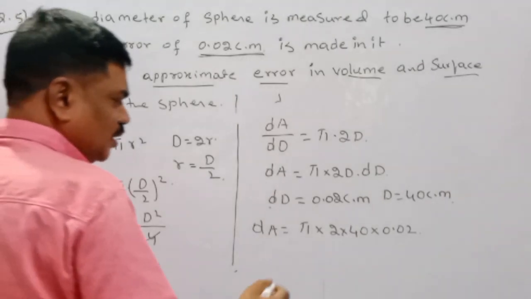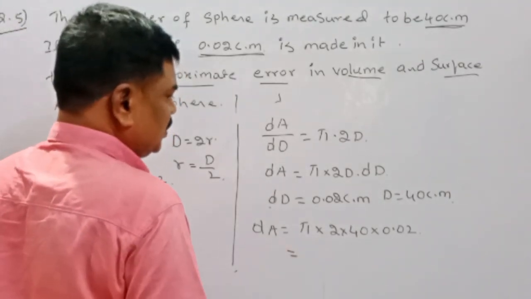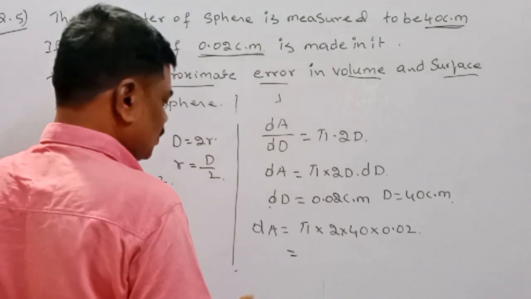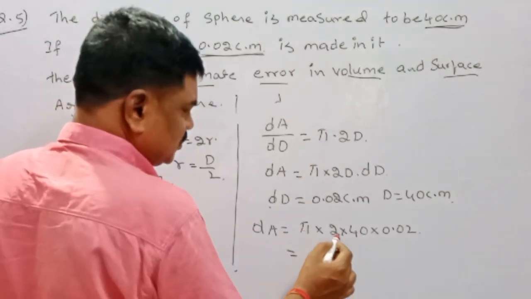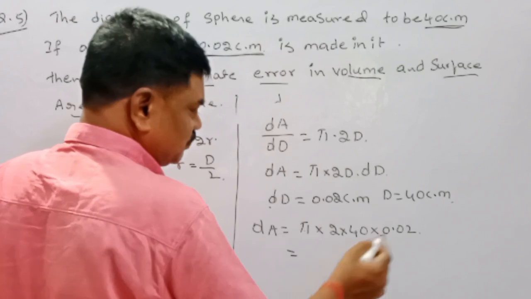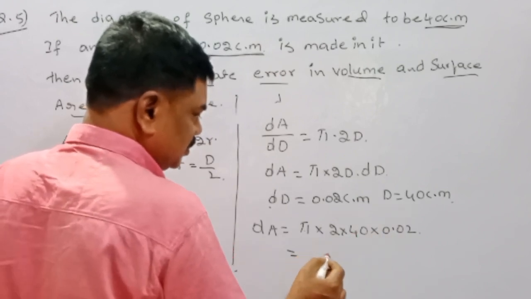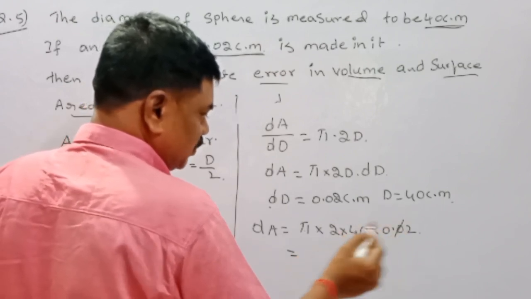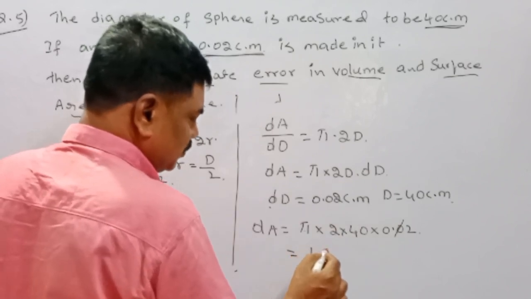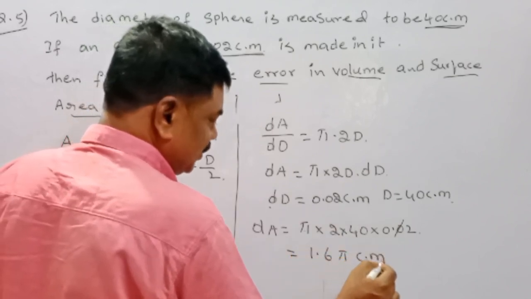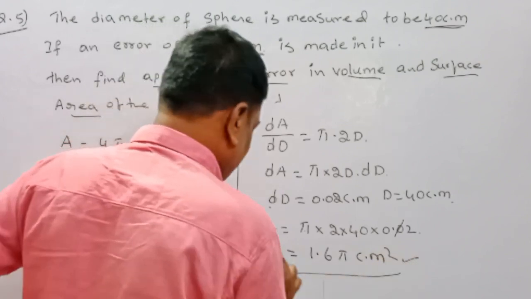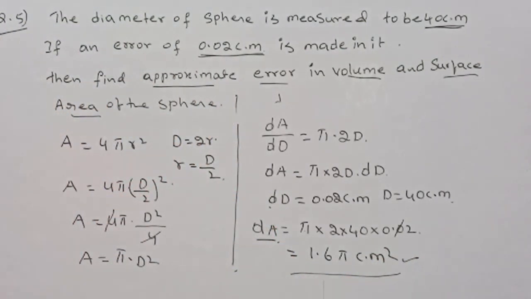So this is pi, 2 into 4 into 4, 16, so 1.6 pi centimeter square is the error in the surface area of the sphere. Error in surface area of the sphere is 1.6 pi centimeter square. Okay, all of you, that's all.